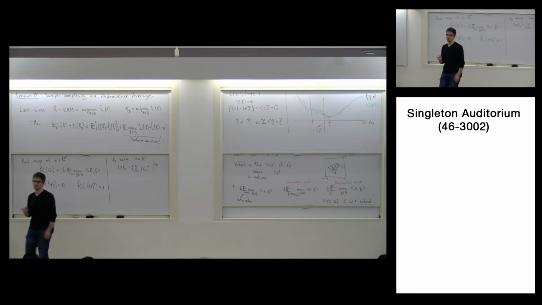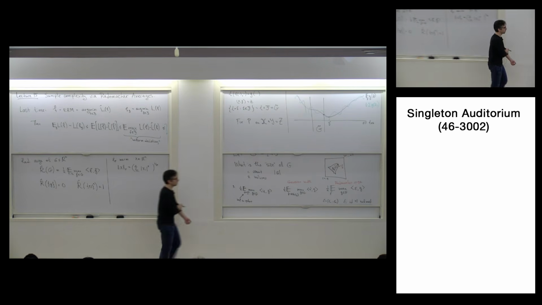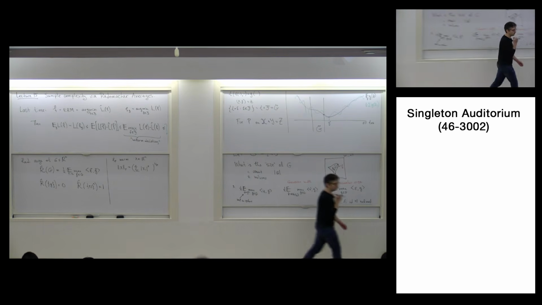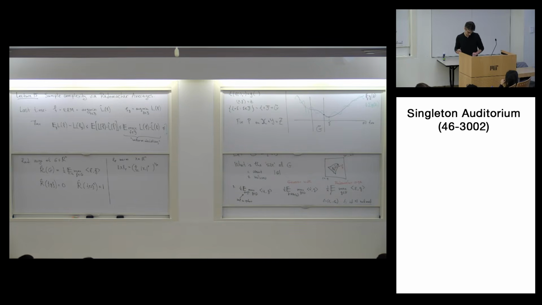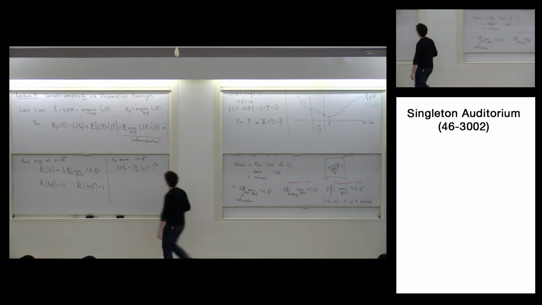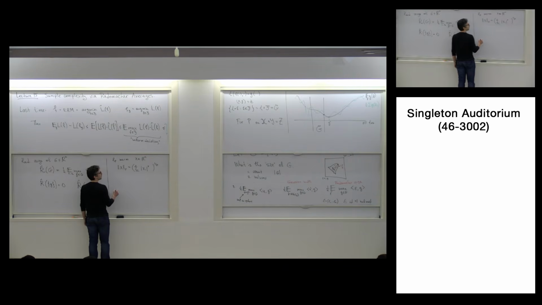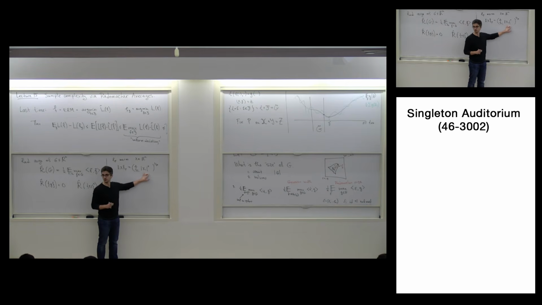That's just a way to measure the size of x in a different norm. In particular, an L1 norm is just the sum of absolute values of the coordinates.